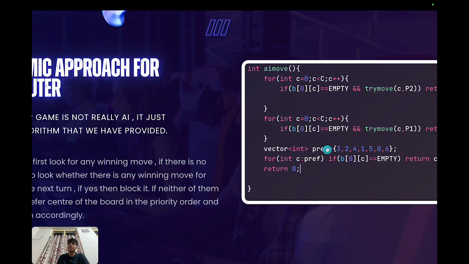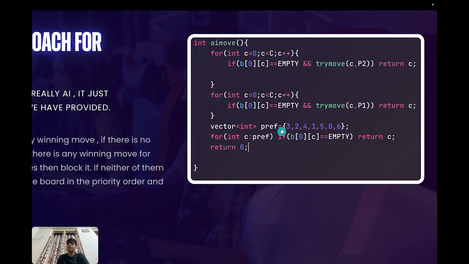We have a center preferred vector here, and we'll check if this column is available, then we'll place the character in it. If this column is not available, then we'll place the character in the next one, and this is center preferred. Like this, 3 is the center column of the grid, and 2 and 4 are just the sides of the center, and so on.